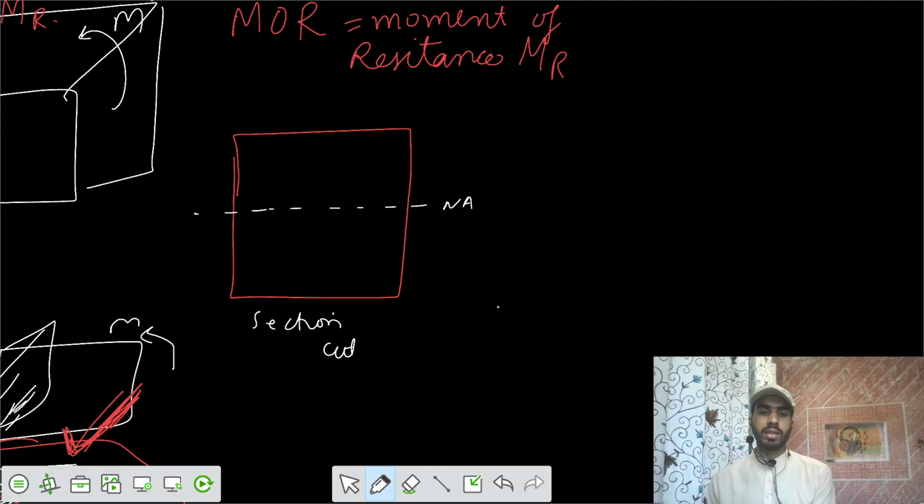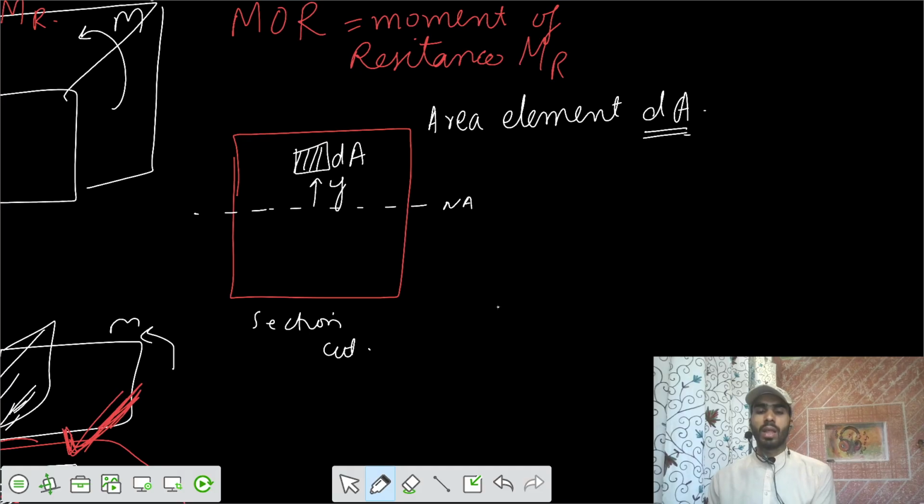If you go a distance y from the neutral axis and take any differential area element dA, then you ask how much moment it contributes, because that moment MR is contributed by the section of cross-sectional area A.